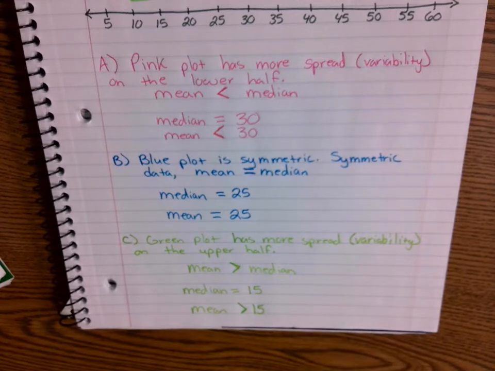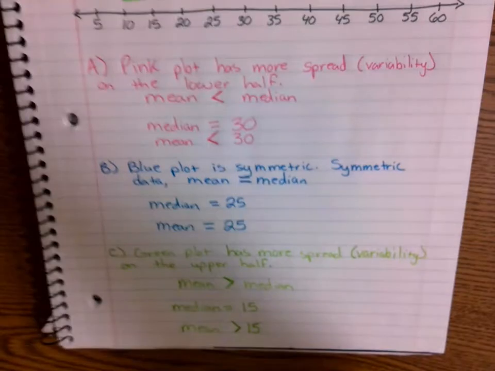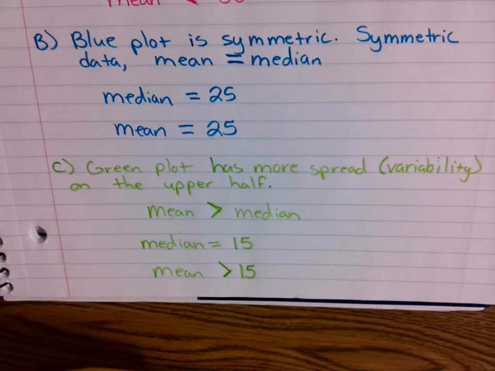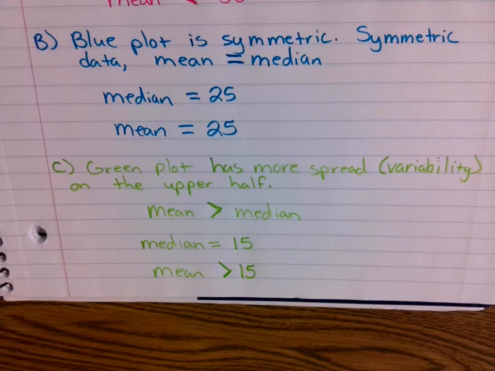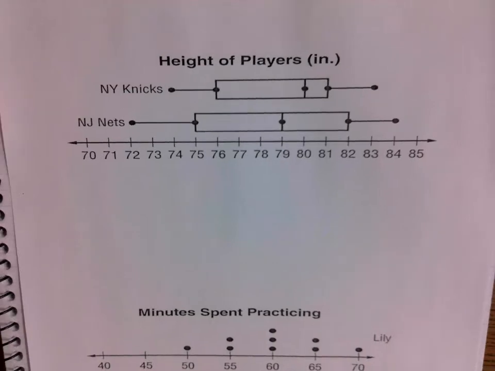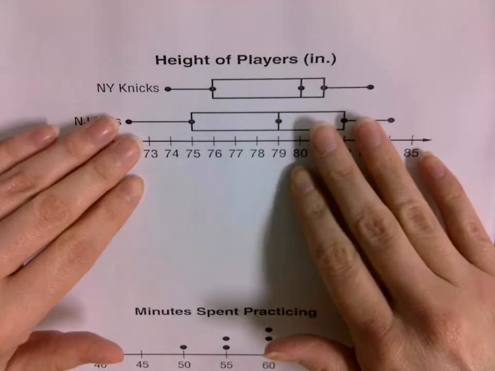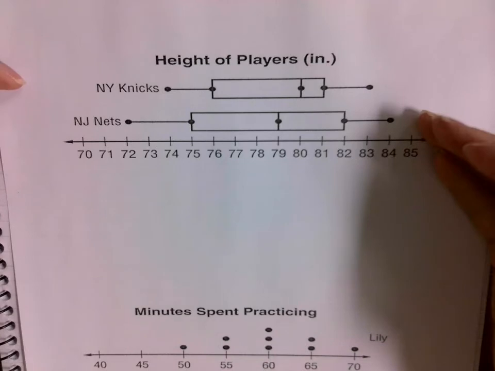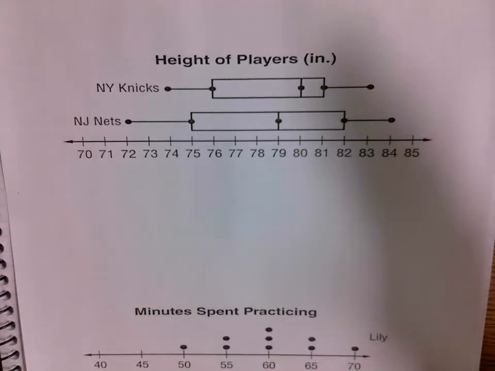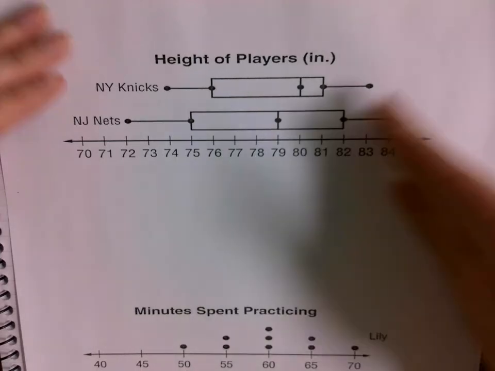And I'll zoom into this part a little bit more so you can see it easier. So what I gave you guys here is some comparative populations. Comparative populations means that when you have a representation of more than one group and you are trying to make observations or inferences, hence the reason that this unit is called the inference unit, it's observations that you're making about several different population groups.